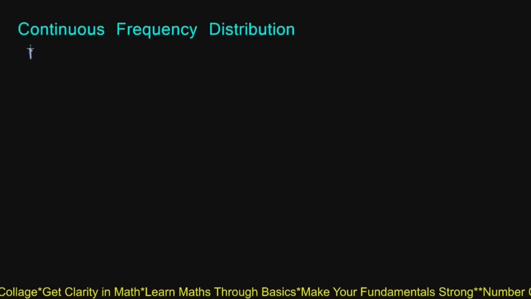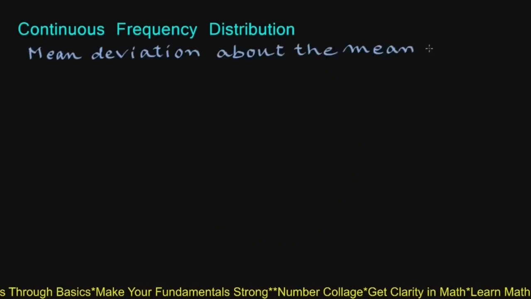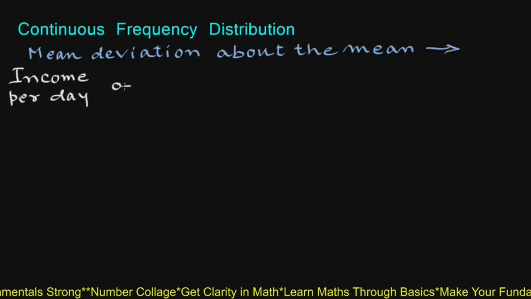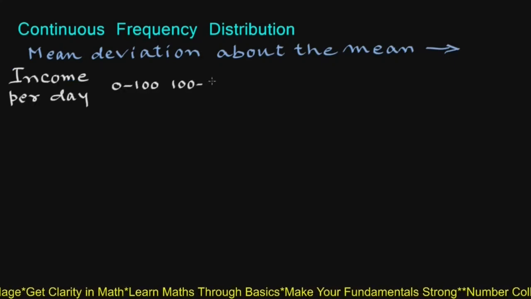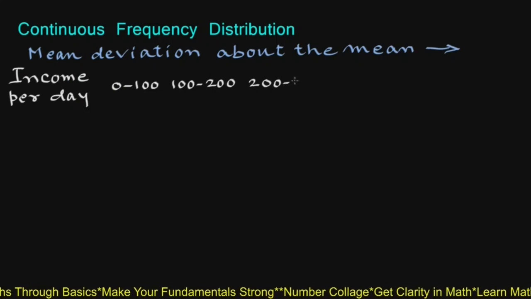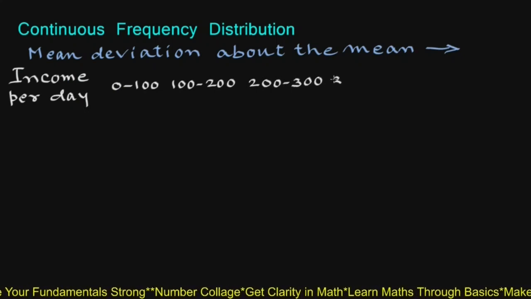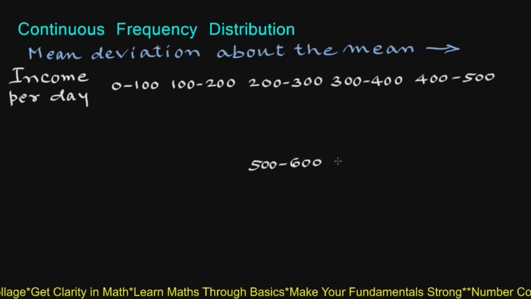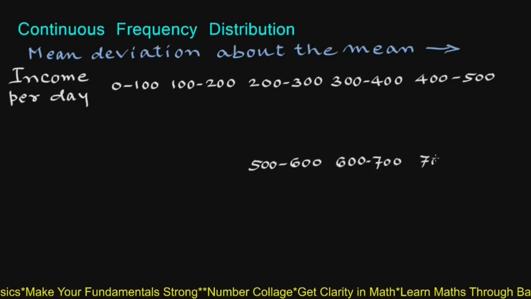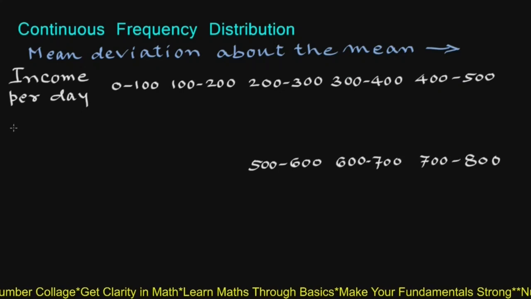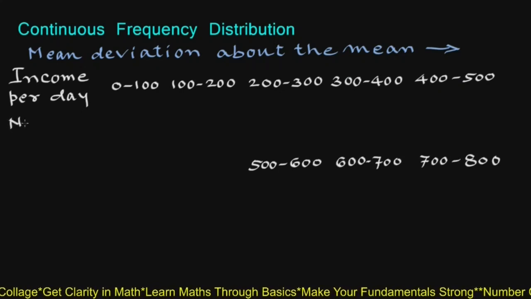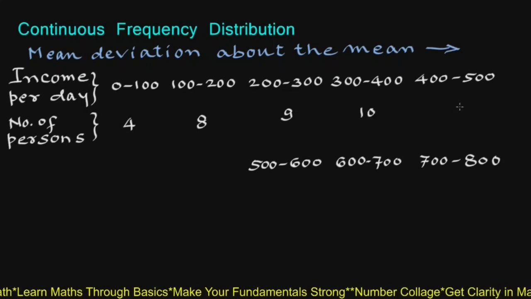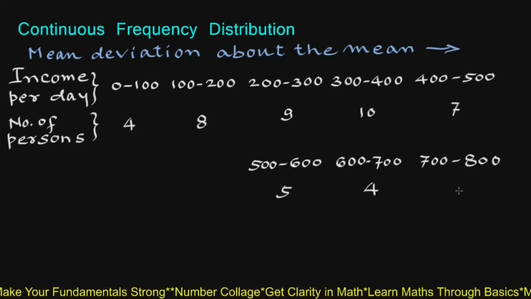Find the mean deviation about the mean for the data given below. Income per day is 0 to 100, 100 to 200, 200 to 300, 300 to 400, 400 to 500, 500 to 600, 600 to 700, 700 to 800, and the corresponding number of persons are 4, 8, 9, 10, 7, 5, 4, and 3.